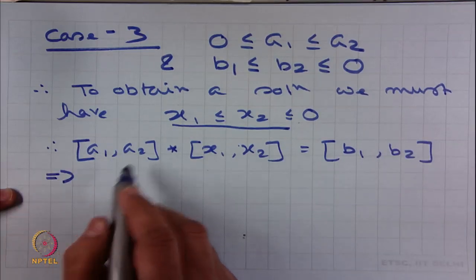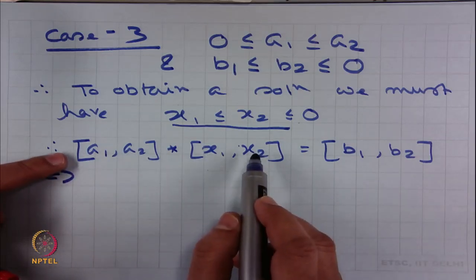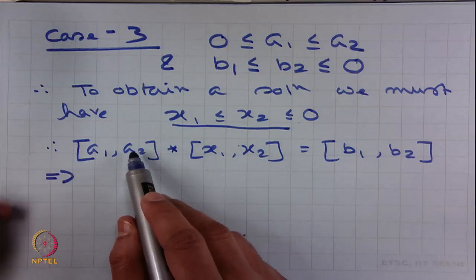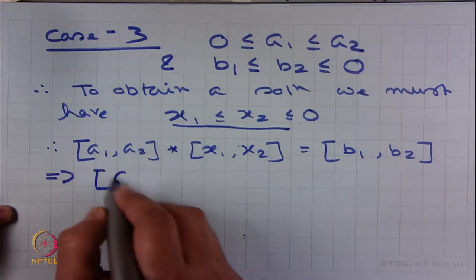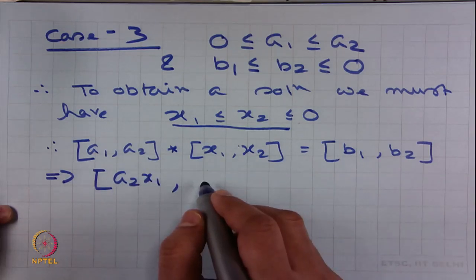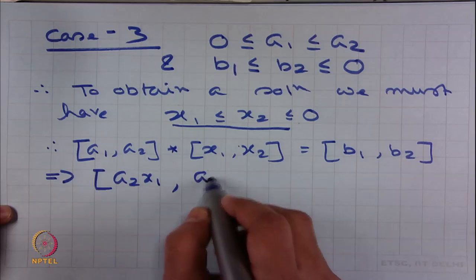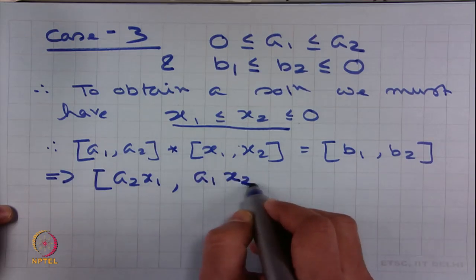This implies, now this is positive, this is negative. Therefore, the maximum possible negative value will be A2 x1 and the minimum negative value will be A1 x2.